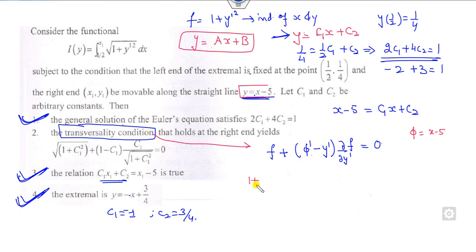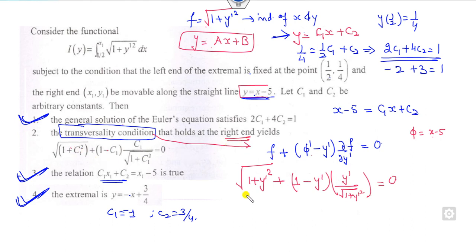What is f? Square root of 1 plus y dash square. Phi dash, the derivative of this, is 1. y dash I can write simply as y dash. What is the partial derivative of this? Sorry, this is a square root also. So the partial derivative is y dash over square root of 1 plus y dash square, which is 0. Clearly says that this is at the right end.